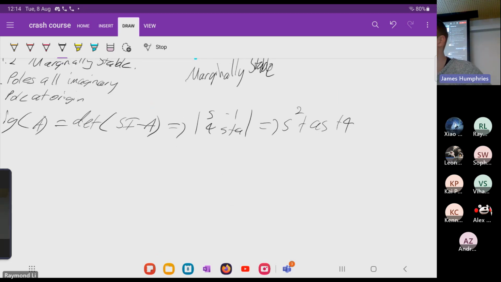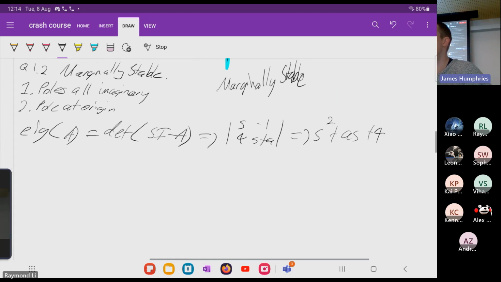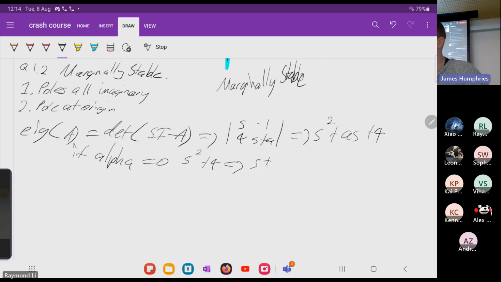Then from there, we can't make this at the origin, it's just impossible. So the other condition is if alpha is equal to 0, because then we would have s squared plus 4, which gets you s equals plus or minus 2j. Make sense? Cool.